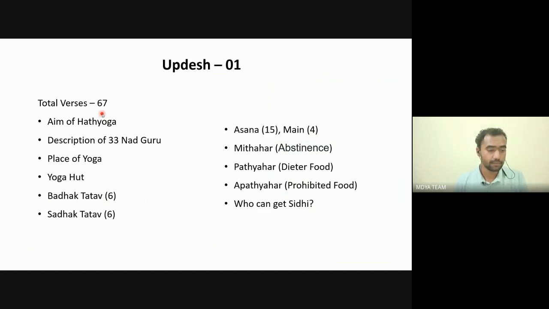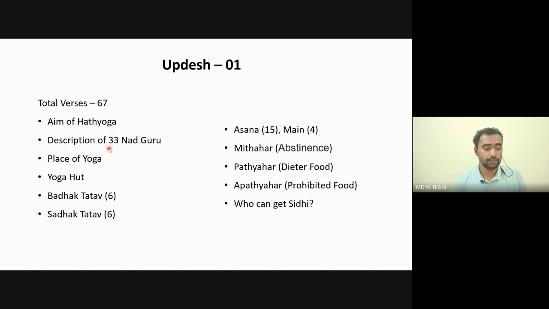In the first upadesh, it mentions the aim of Hatha Yoga, why we are doing Hatha Yoga, who wrote the Hatha Yoga text, and a description of the 33 Nath Yogi Gurus.